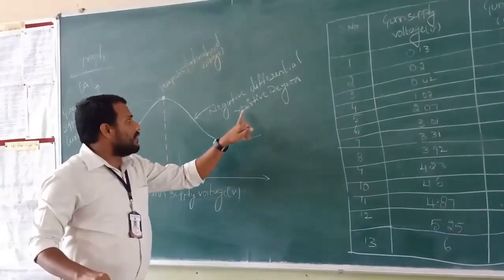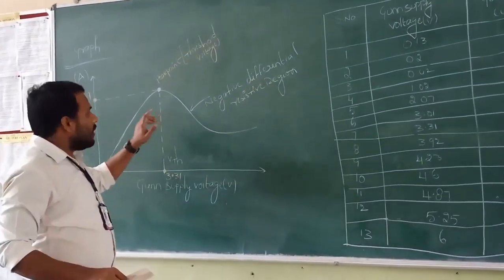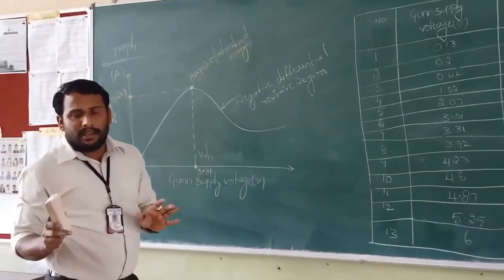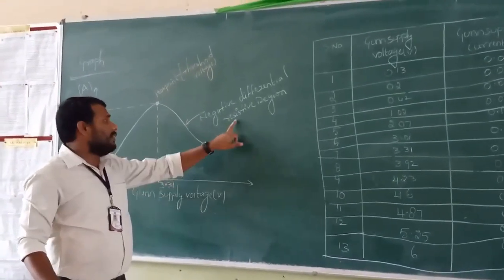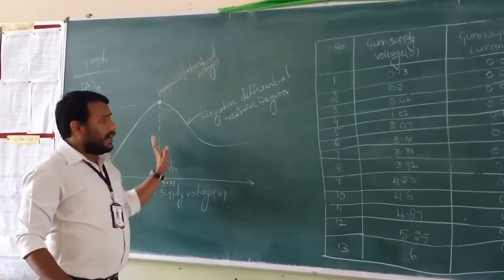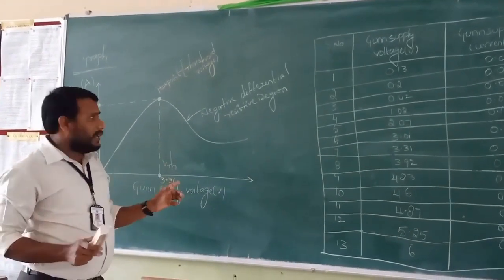Because of this negative differential resistive region, the Gunn diode acts as an oscillator. I am repeating: because of this negative differential resistive region, the Gunn diode acts as an oscillator.